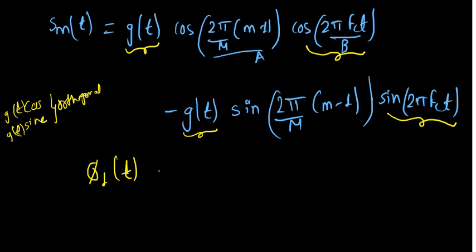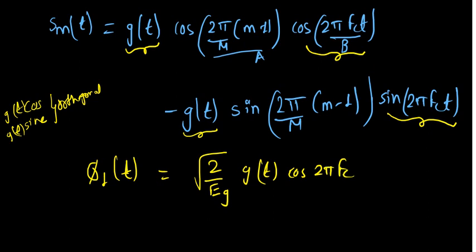So our first orthonormal function will be under root 2 by Eg, g of t cos 2 pi fct, right? We know that the energy of g of t is Eg, so I'm just dividing by root Eg, and the cosine energy gives us 1 by 2, so I'm multiplying with 2, under root, because we are writing not energy but the signal.